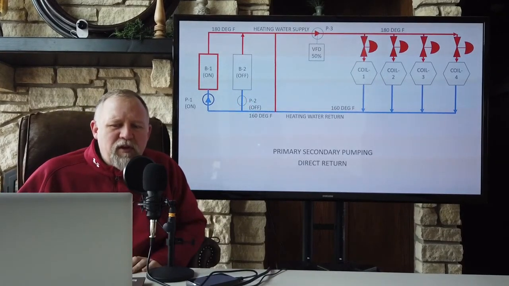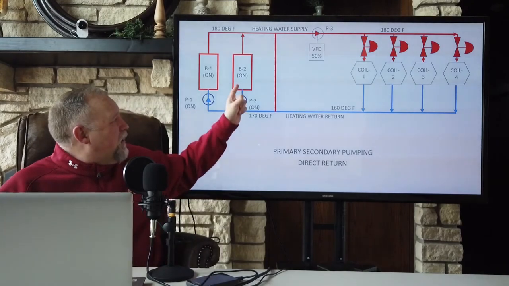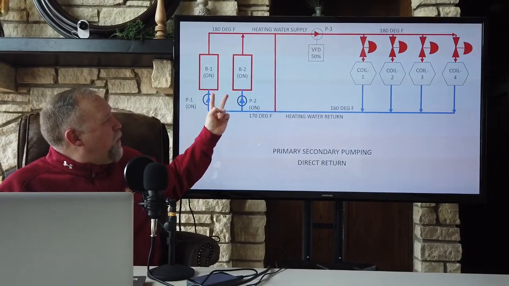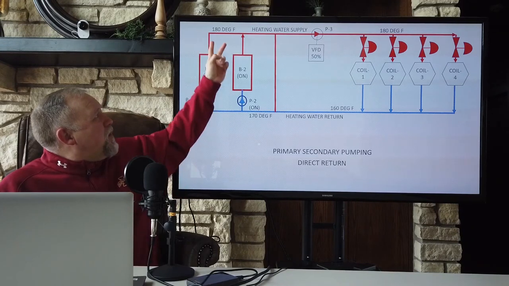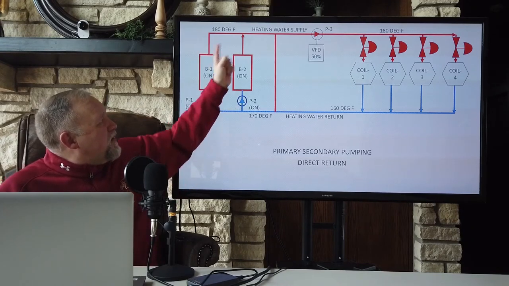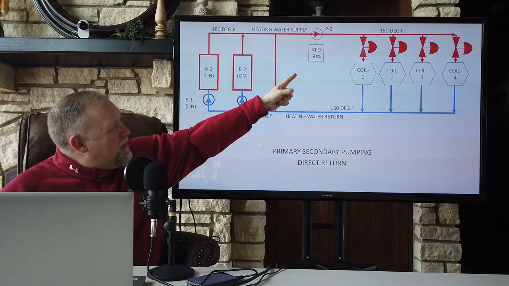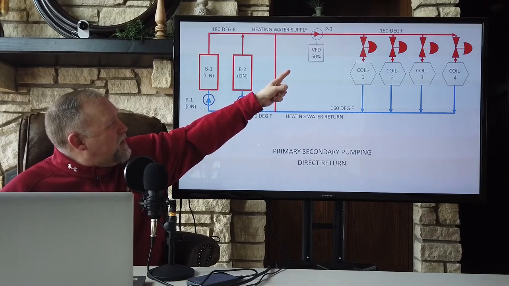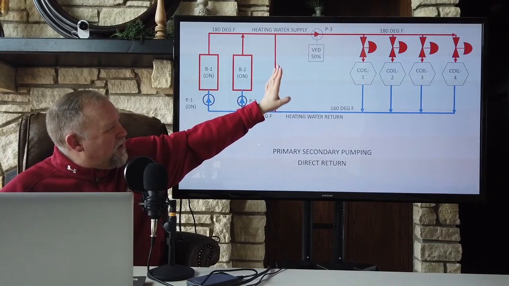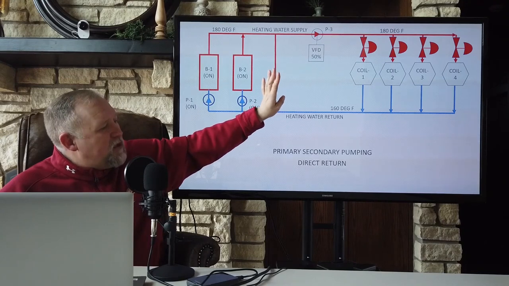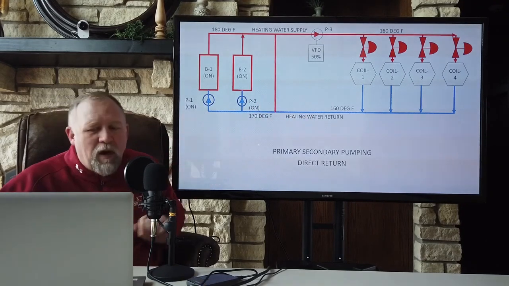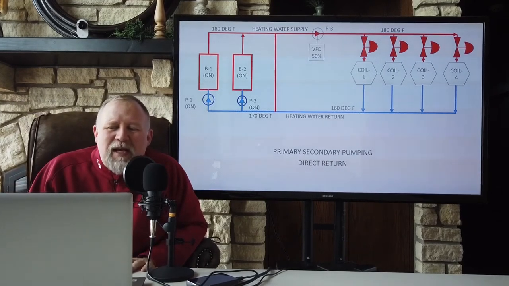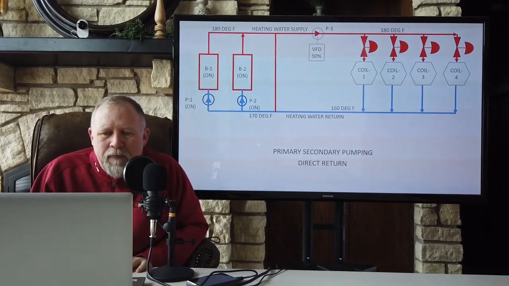Let's say we instantly switch it on. Now pump P2 comes on, and we have 100% of the water of both of these coming, but yet the system is only using half of the total. So with this coming back at 160, the return water temperature once again drops down to 170.